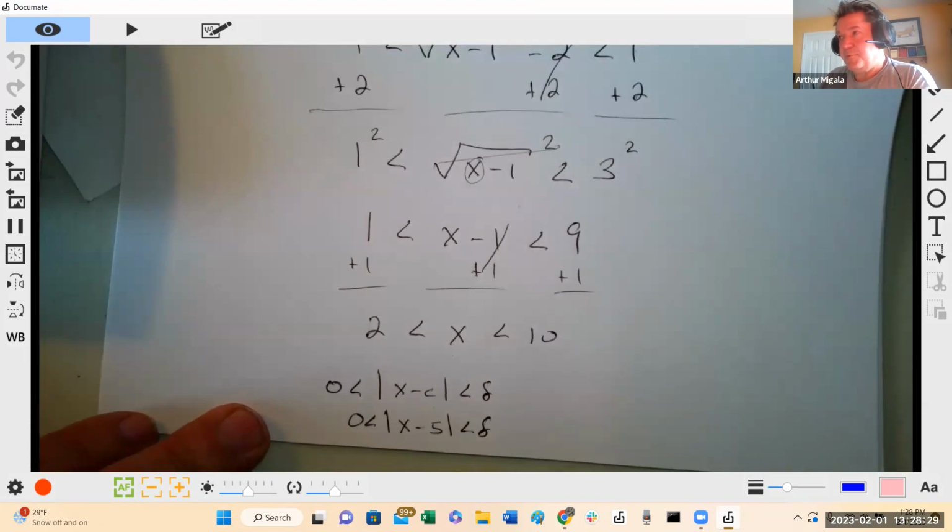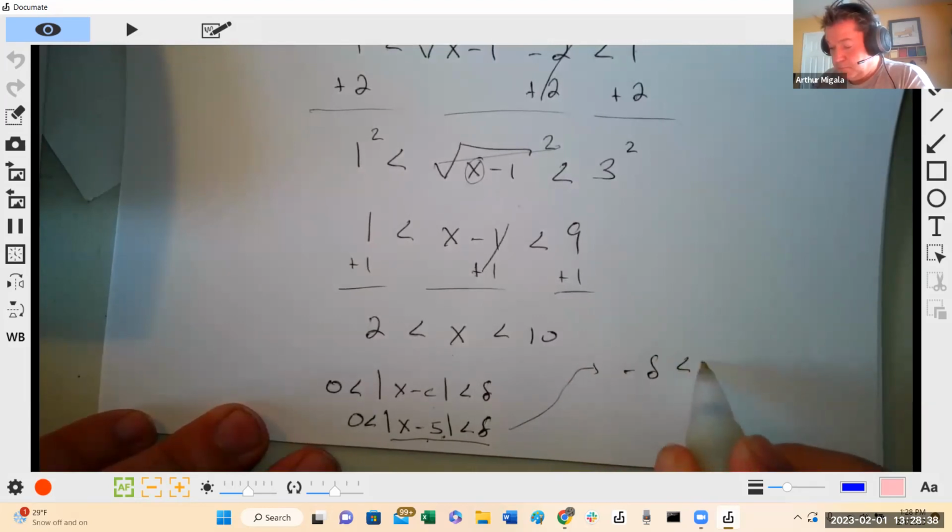Right, so we have to now prove that. Again, we drop the absolute value signs, because we have to try to make it equal that.